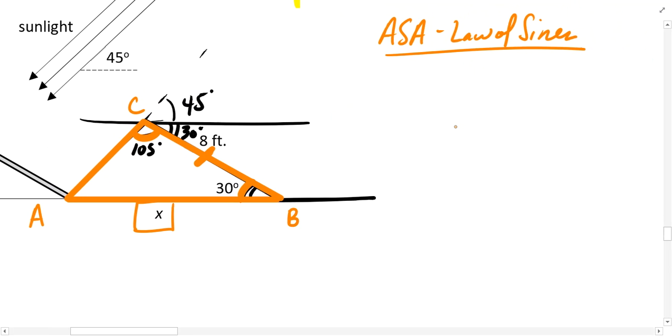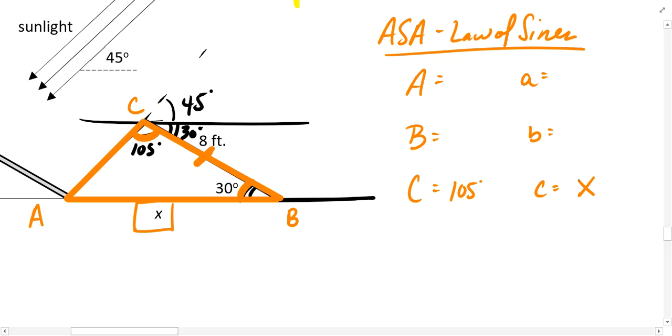So with my triangle identified, I will go ahead and list the components of this triangle. We have side lengths and angle measures: the angle measures, capital A, B, and C, and the side lengths a, b, and c, using lowercase letters. It appears that angle C is 105 degrees. Side length c is the unknown.